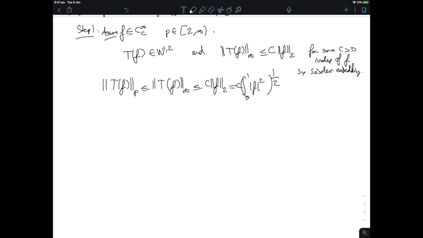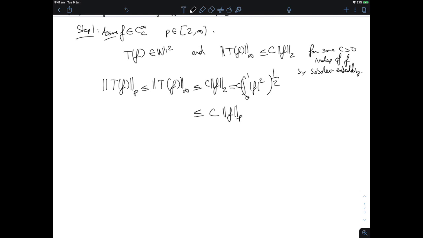And so Hölder here tells me that this is smaller than the LP norm of f times the dual exponent of p over 2, let's call that q prime, and then you take the integral of 1 between 0 and 1 to the power q prime, which only gives you a 1. Okay, so we have that for all f that is C infinity and compactly supported.